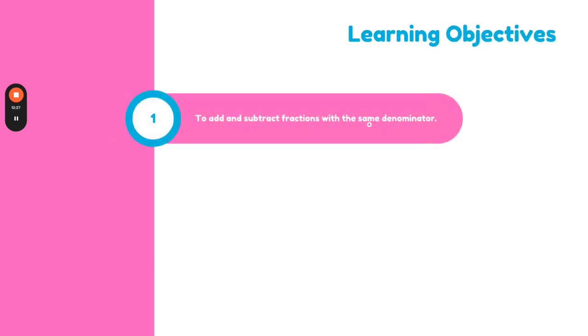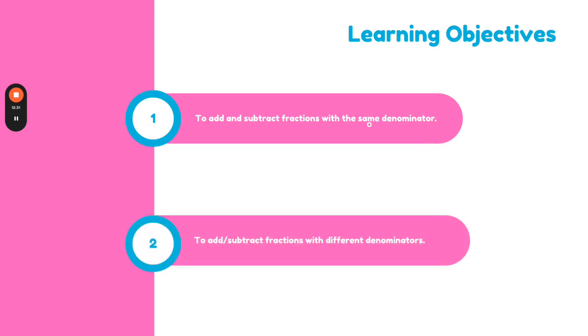So moving on to the main topic of today's lesson, our learning objectives are to add and subtract fractions with the same denominator, and to know how to add and subtract fractions with different denominators.